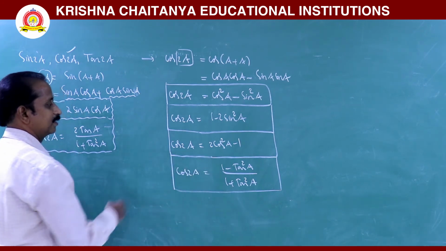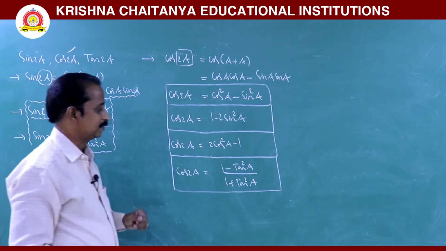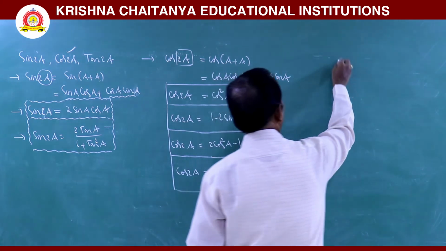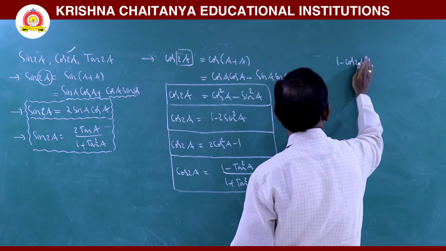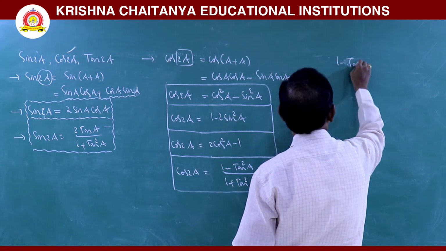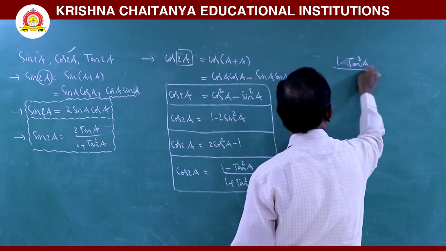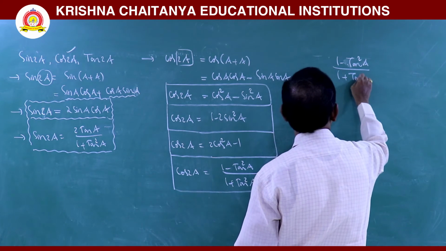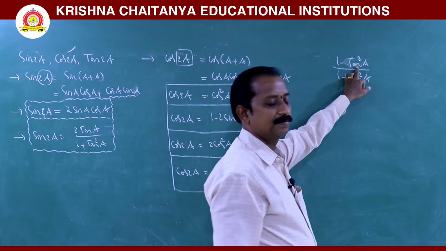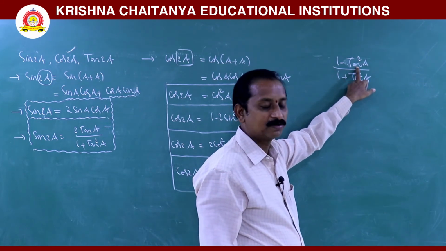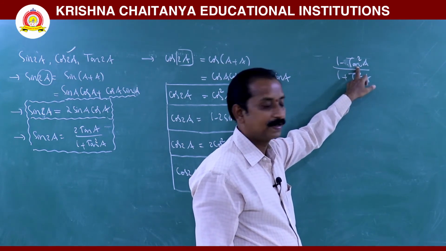We have to consider RHS and prove LHS. So RHS is 1 minus tan square A divided by 1 plus tan square A. We know that tan square A in terms of sin and cos is sin square A by cos square A.